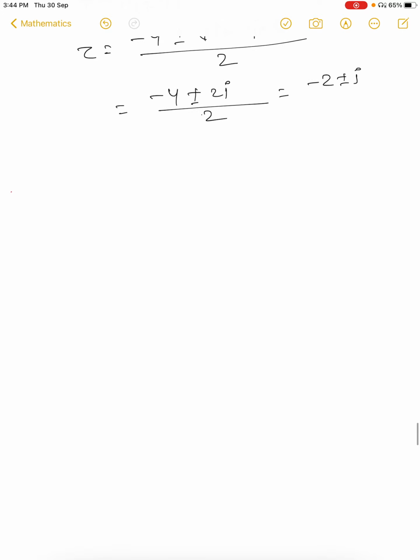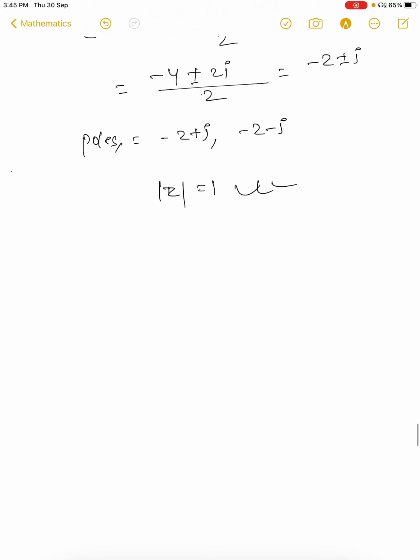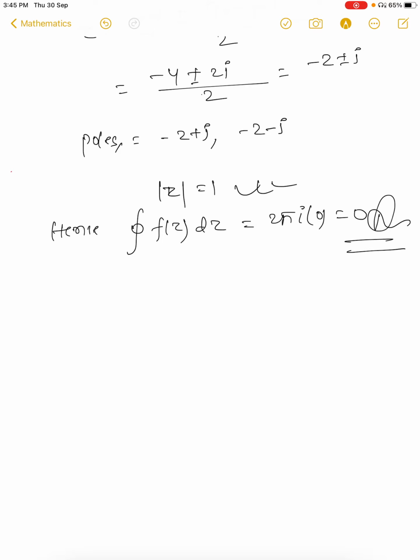The poles are minus 2 plus i and minus 2 minus i. Both poles are outside the unit circle, so the residue will be 0. Hence the integral is 2πi times 0, which equals 0.